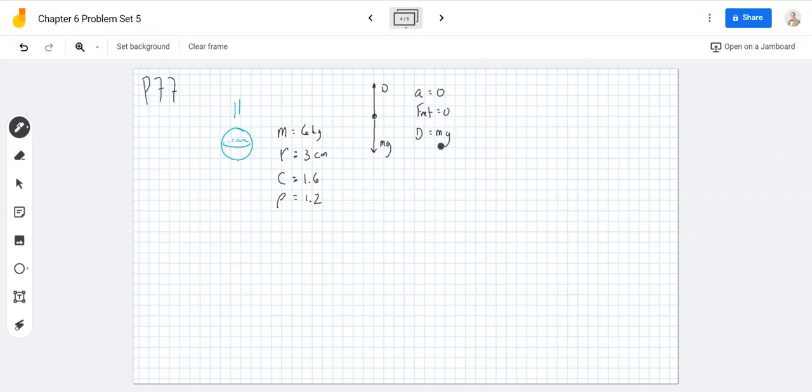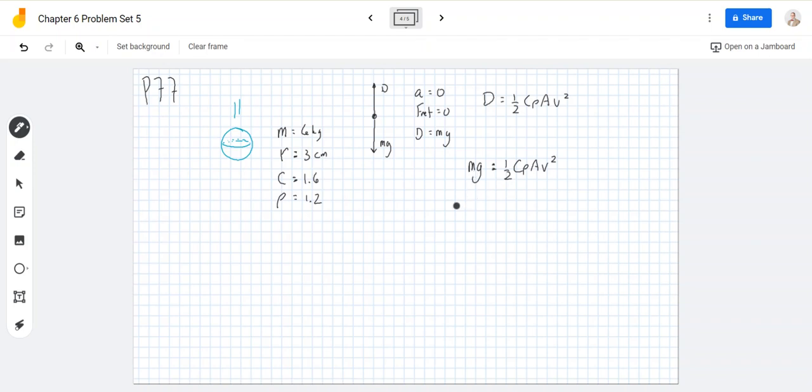According to the textbook, the drag force is equal to 1/2 c rho A v squared. So if I set these two things equal to each other, I end up with mg is equal to 1/2 c rho A v squared.